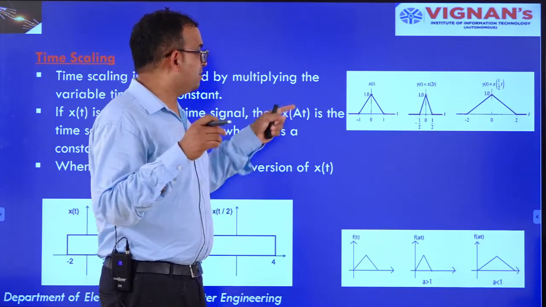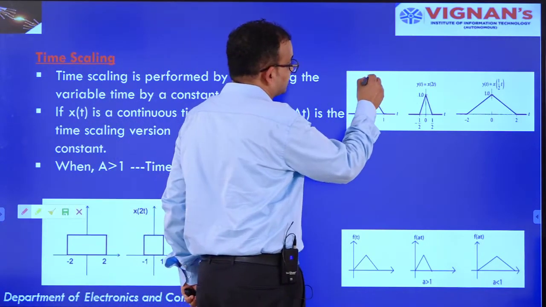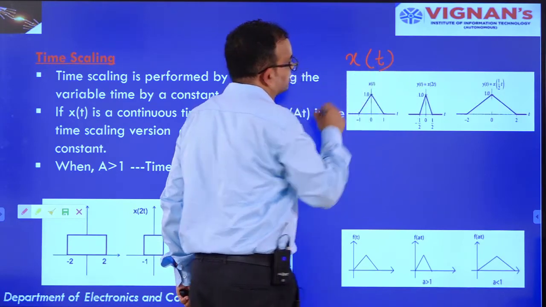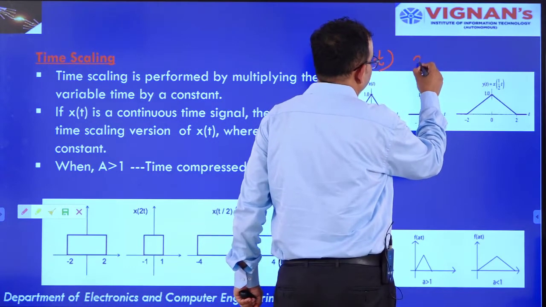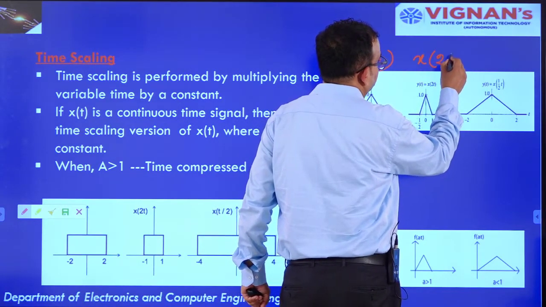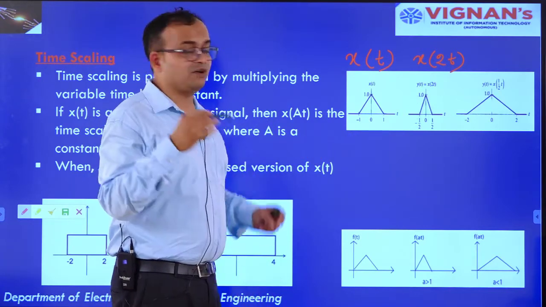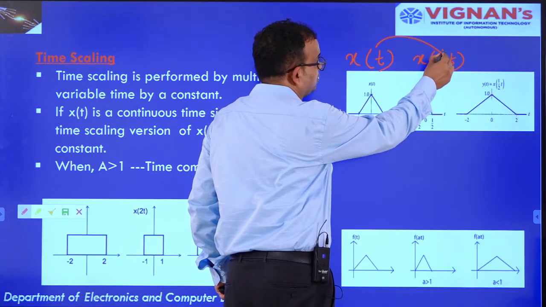The first case is x of t, and the next case is x of 2t. Now the time domain is changing from t to 2t.